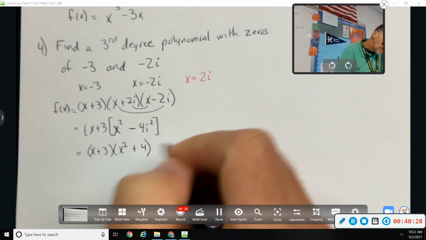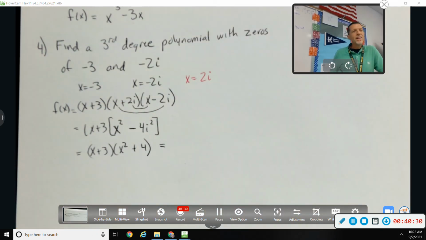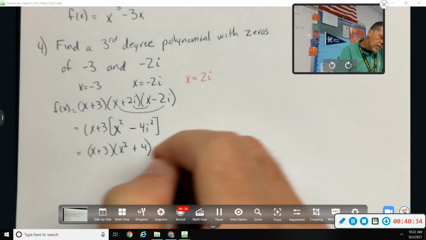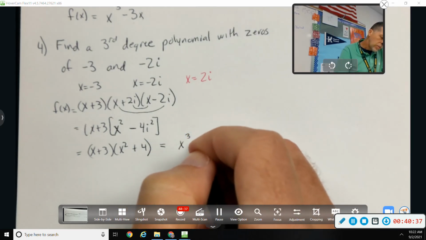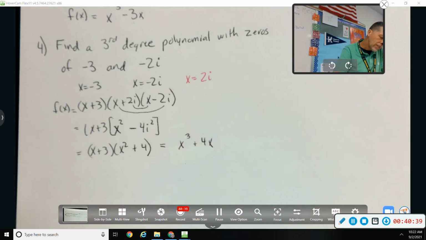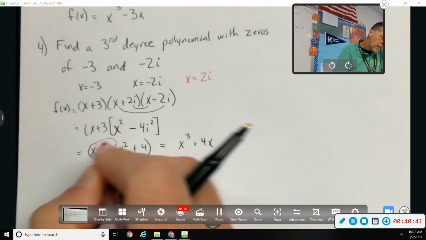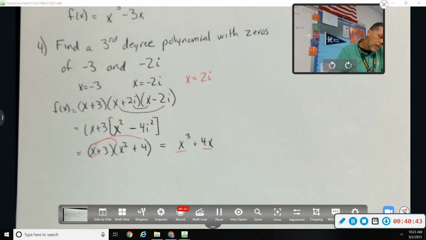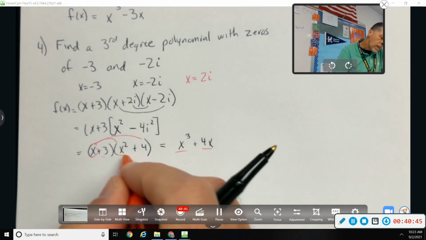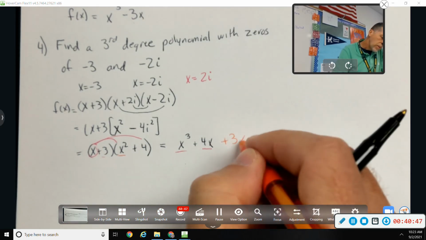And then I need to FOIL that out. So let's see, x cubed plus 4x plus 3x squared plus 12.